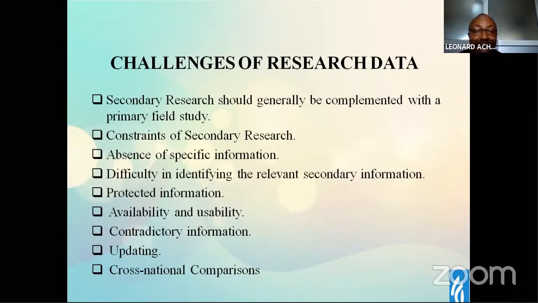Then we have another challenge of absence of specific information due to information bias or discrimination. So specific information is not gotten, and it's a challenge to research data. Another challenge could be difficulty in identifying the relevant secondary information.